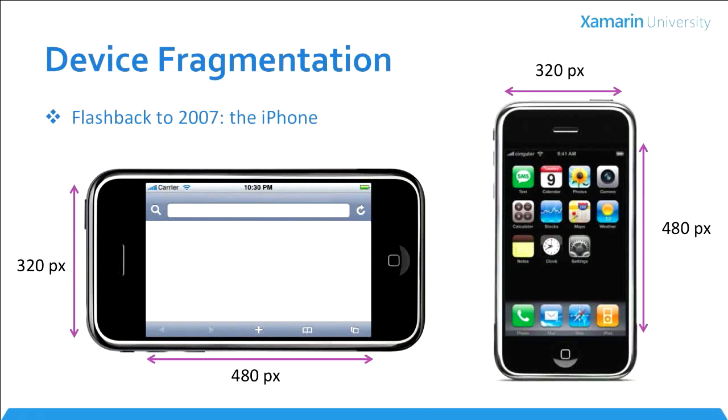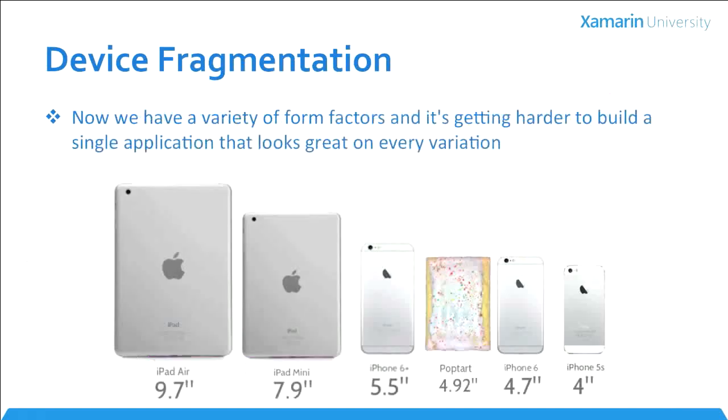But then Apple started to bring out additional devices and additional screen sizes. And of course, we got the iPad and the iPhone 5. Now we have the iPhone 6 and 6 Plus. And so today, we're not only dealing with a lot of different physical screen sizes, but different pixel densities as well.